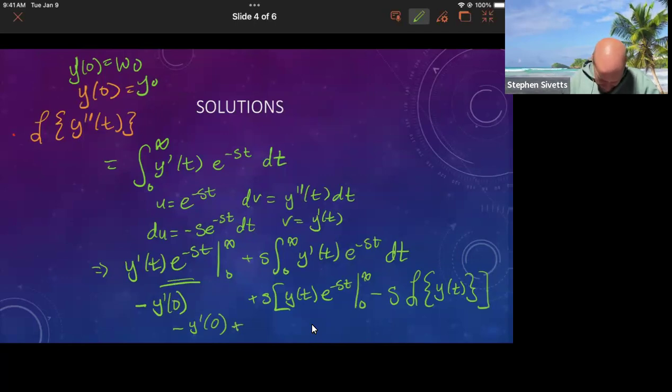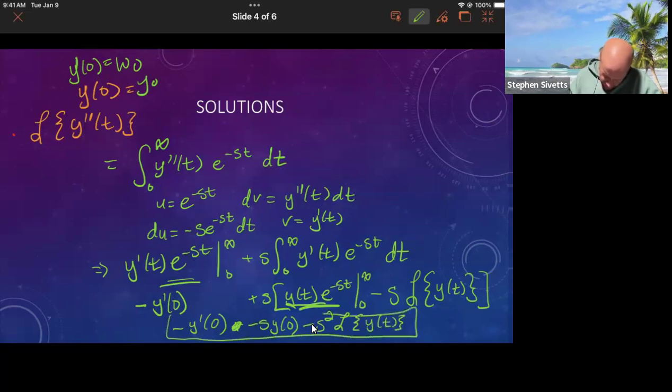Plus, so that middle term here would be zero, so zero minus s times y of zero, and then minus s squared times the Laplace transform of y of t.